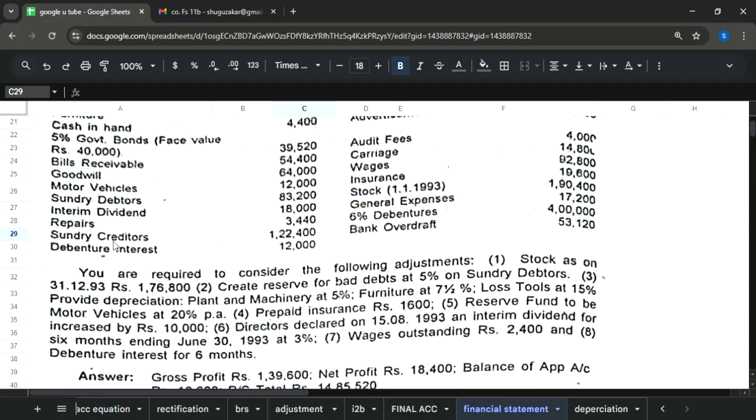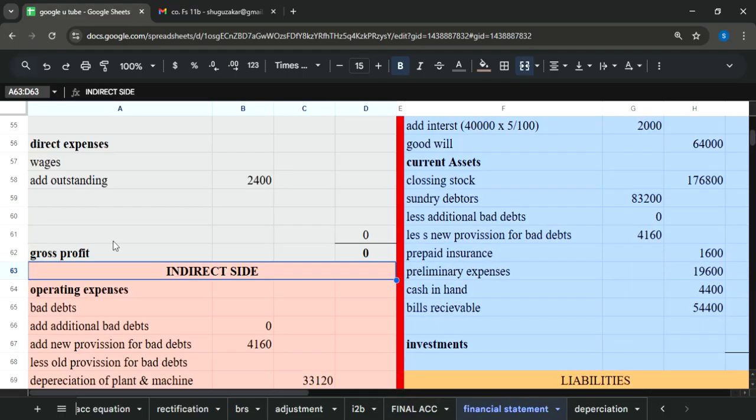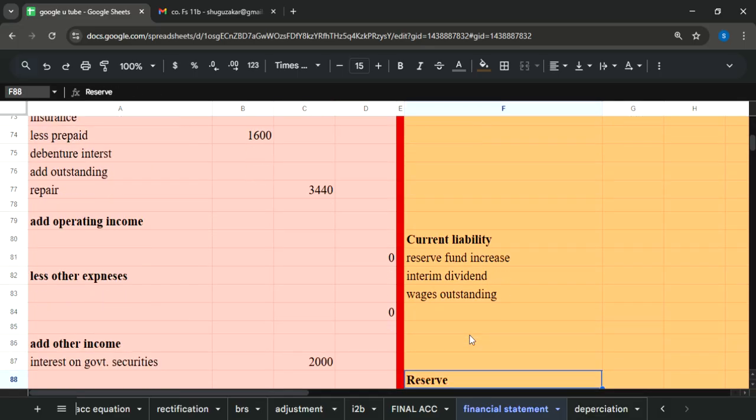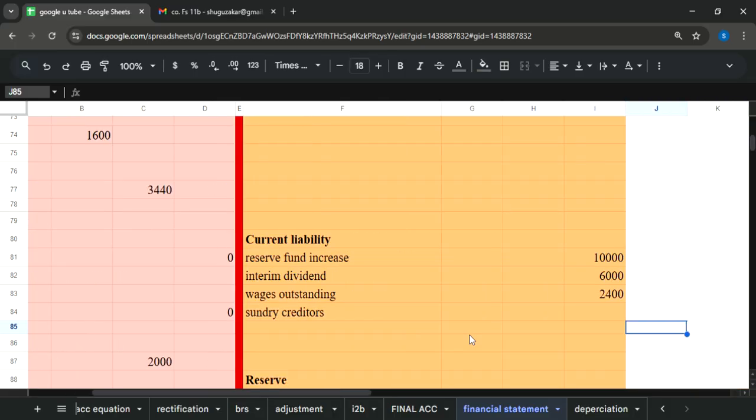Sundry creditors, this is part of the current liability side, and we are coming over here. Sundry creditors, and a very strange thing happened. Why have these amounts gone over here?